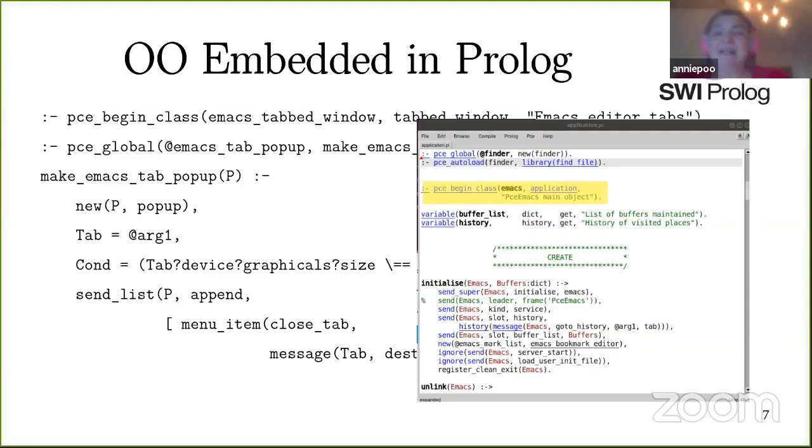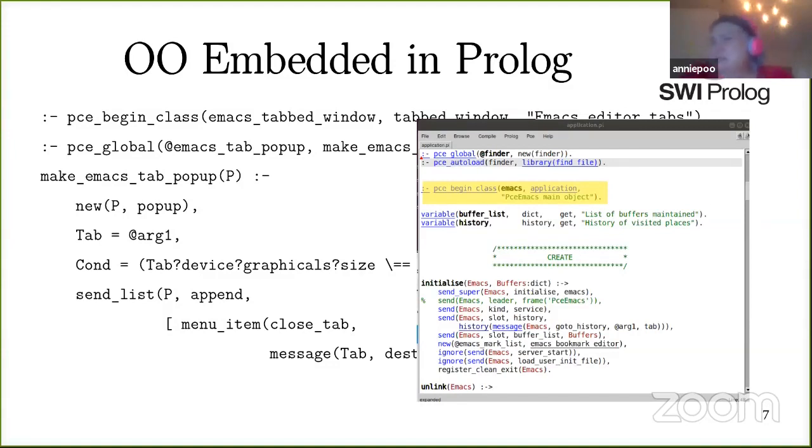You'll note that the area highlighted in yellow is PCE begin class, and yes, this defines a class called Emacs. The little editor is called PCE Emacs, and when you look down below, this actually doesn't look that much like Prolog beyond very superficially. There's no neck operator, and there's a bunch of send messages and so on.